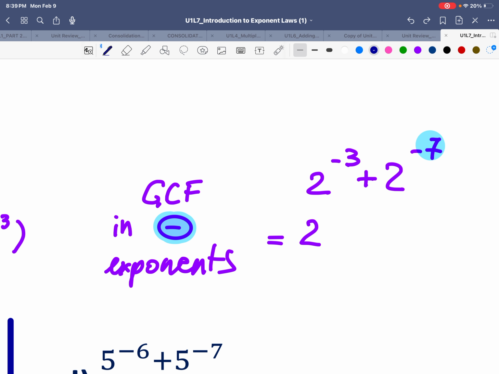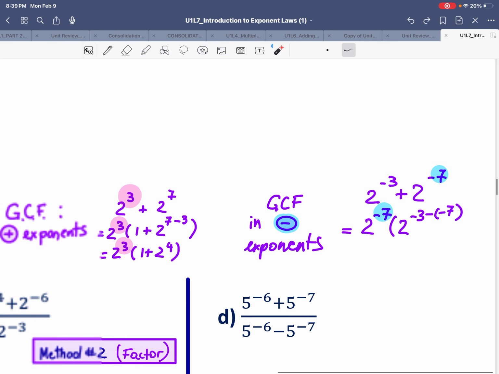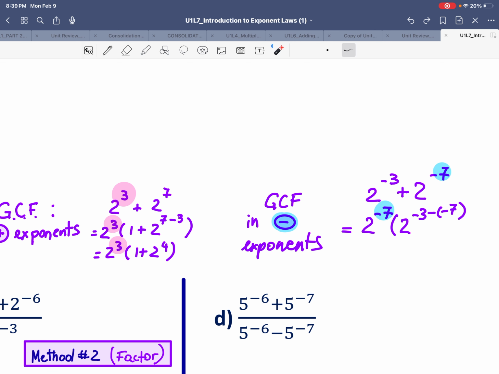So we're going to rewrite the expression, take the common factor of 2 to the negative 7 out, and then inside brackets you'll have 2 to the power of... Now remember that when you figure out the power left from negative 3, you remove the power that you have factored, just like we did in here. So if you had 2 to the power of 7 and you take 3 powers of it out, then the exponent will become 7 minus 3.